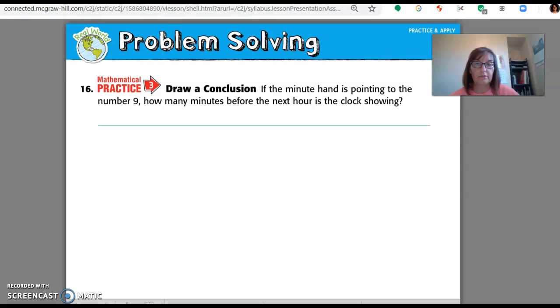If the minute hand is pointing to the number 9, how many minutes before the next hour is the clock showing? So if your minute hand is on the 9, then I would count by 5s until I get back to 12. So you would go 5, 10, 15. So 15 minutes.